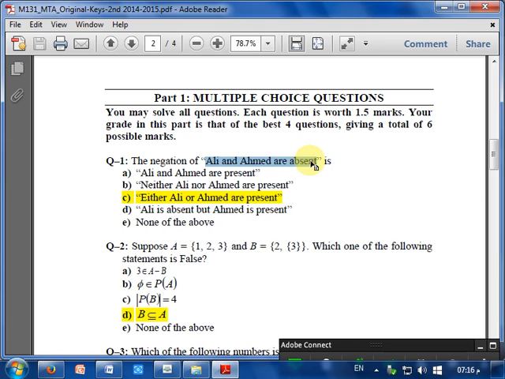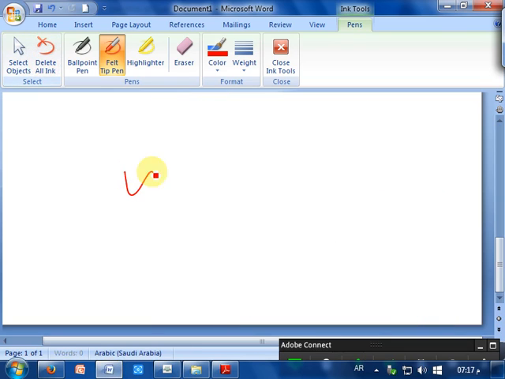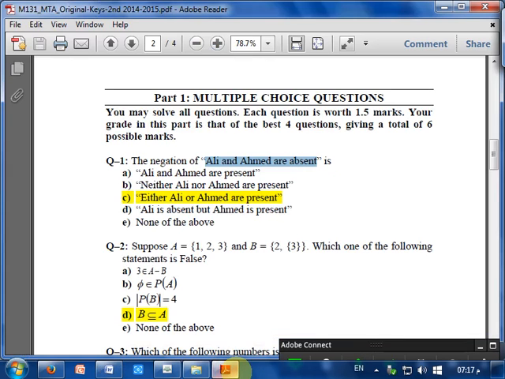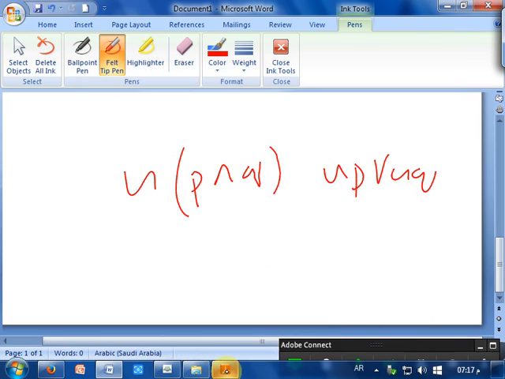It is not of and. What is not of P and Q? Not P or not Q.